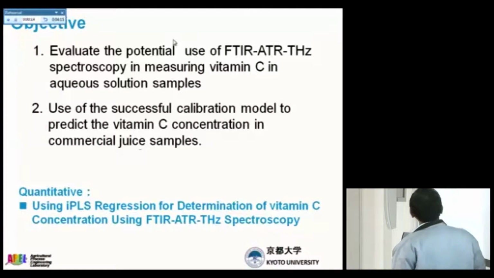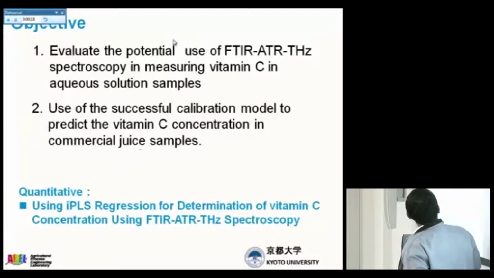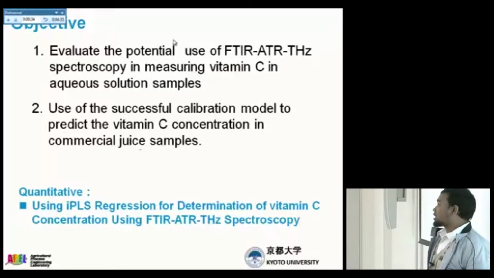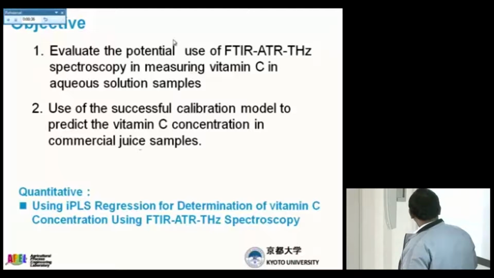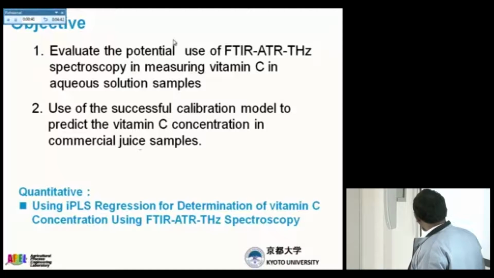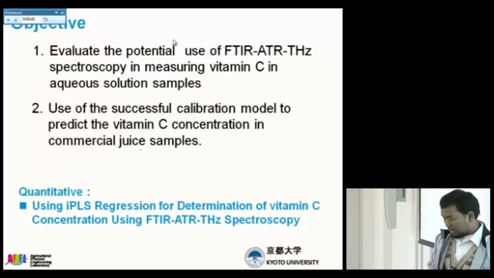Briefly, first, we will evaluate the potential use of FTIR-ATR terahertz spectroscopy in measuring vitamin C in aqueous solution samples. Then, we will use the successful calibration model to predict the vitamin C concentration in commercial juice samples. In today's presentation, I will focus on the use of iPLS, or interval partial least square regression, for determination of vitamin C concentration using FTIR-ATR terahertz spectroscopy.